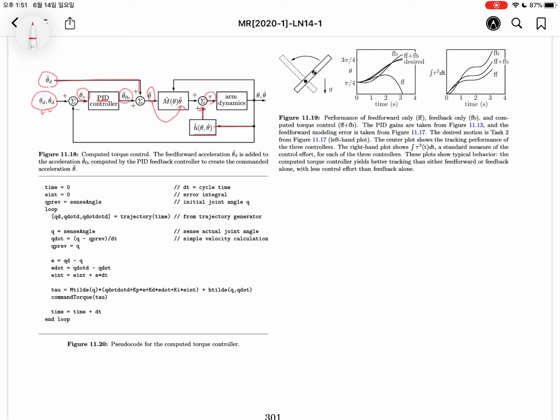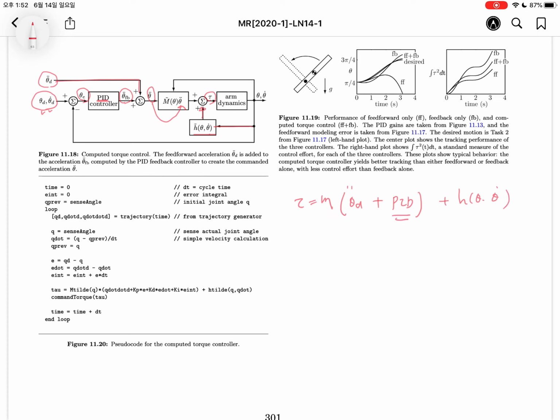Okay, let me write down the torque again. Torque equals inertia times theta desired 2 dot plus PID control, and then H of theta, theta dot.